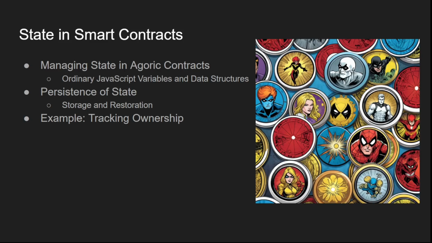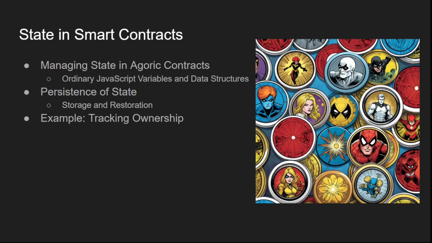When a user sends tokens to another user, the contract updates the balances object to reflect the new balances of both users. These updates are stored persistently, so if the contract is called again later, it will start with the updated state. This approach makes it easy to write and maintain smart contracts, as you can use familiar JavaScript constructs to manage complex state.